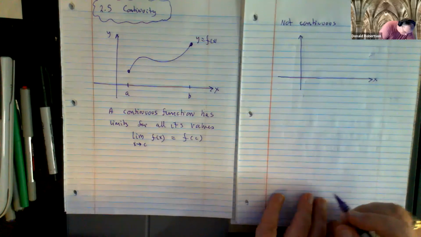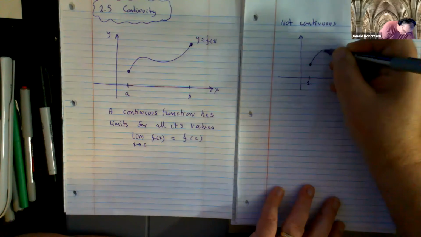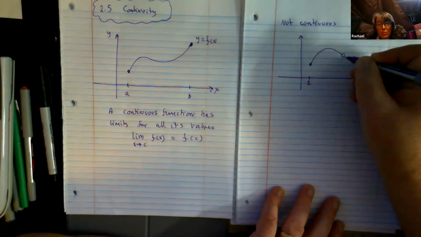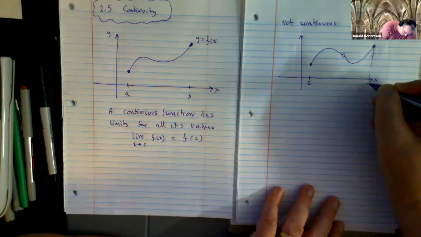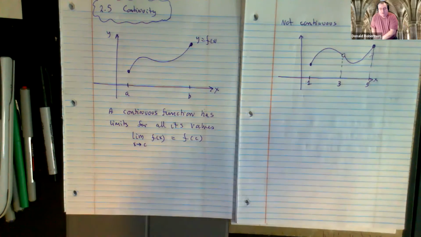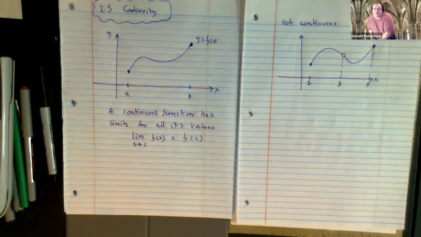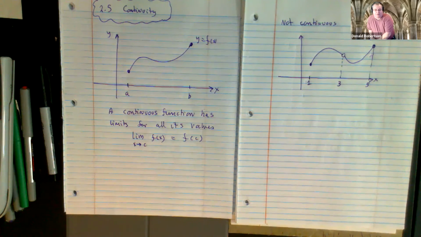I'll put numbers in. There's one, and it curves, and it finishes here. And that's 5. And this guy here is at 3. Now, the problem with this curve is, do you see there's a little hole? If you were that little fly traveling along the curve, wouldn't you fall into that hole and get killed?